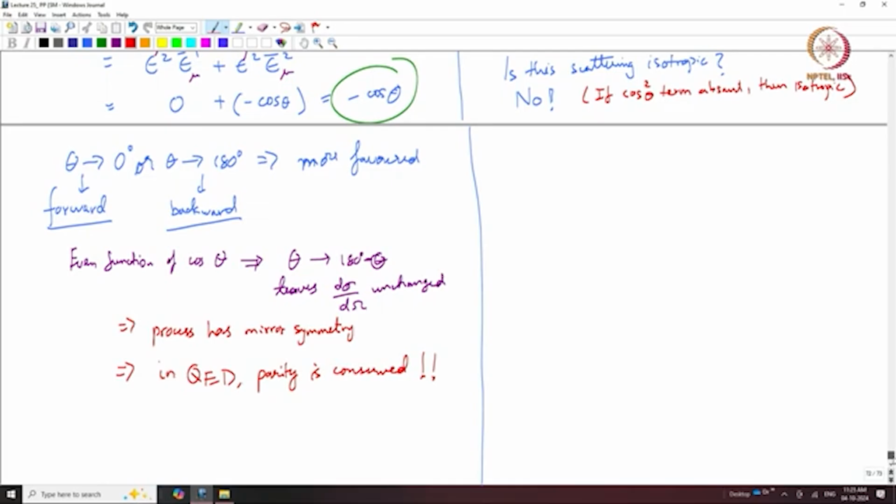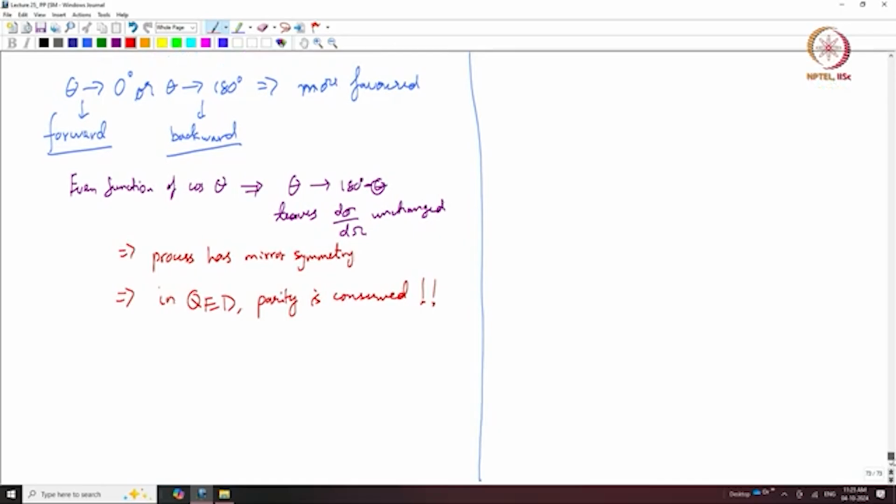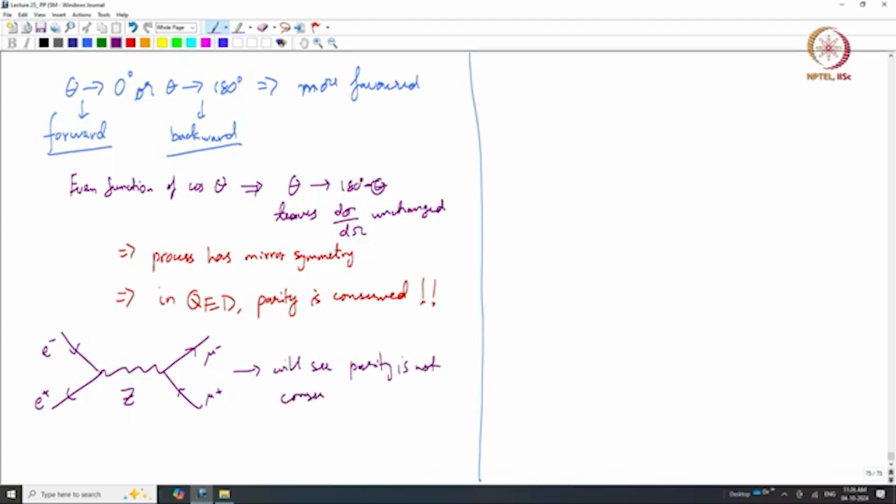Okay. So, I am going to wrap up this lecture by saying that if you put in the Z boson also, if the same process is mediated by a Z boson, then you will see that parity is not conserved, at the level of the cross section itself.